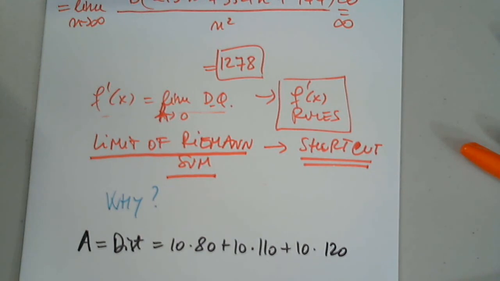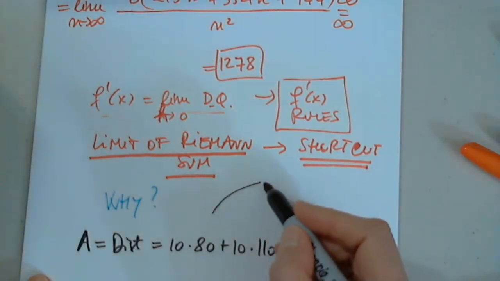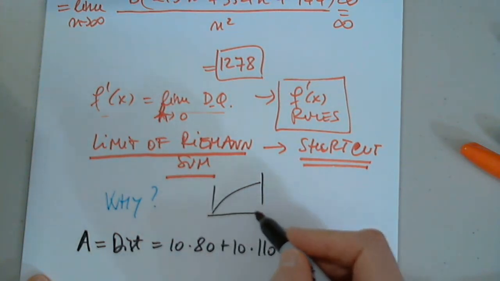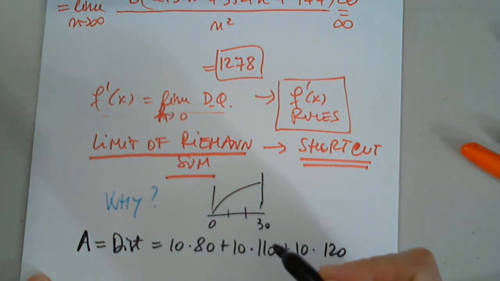So this is the distance covered by the particle. We were given the velocity function between 0 and 30. So I split it into 3 subintervals.